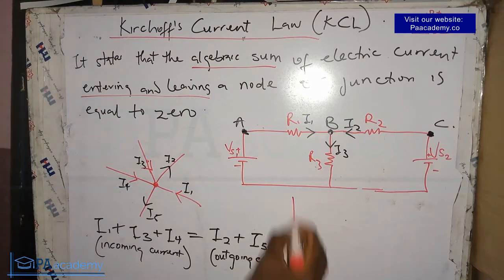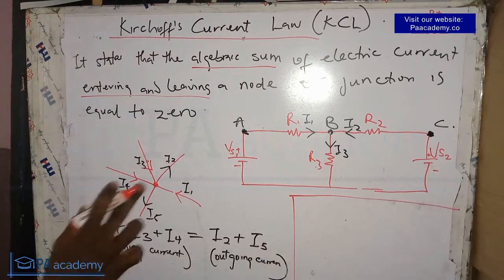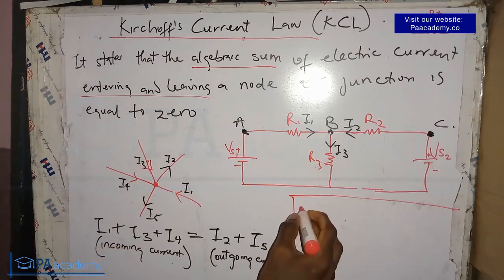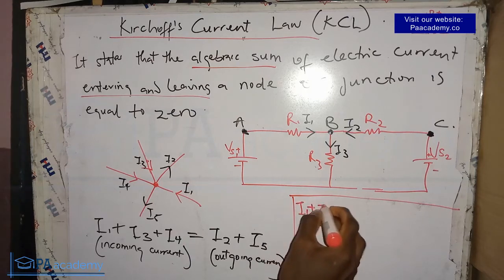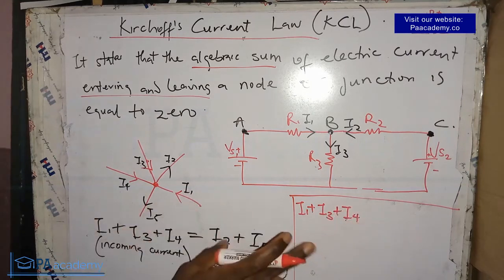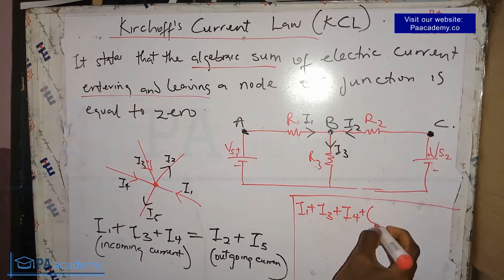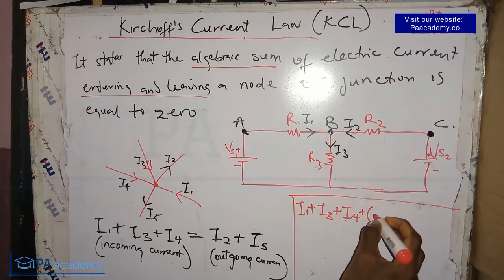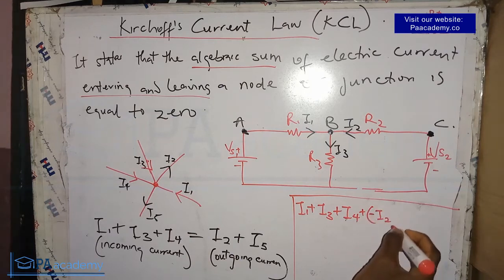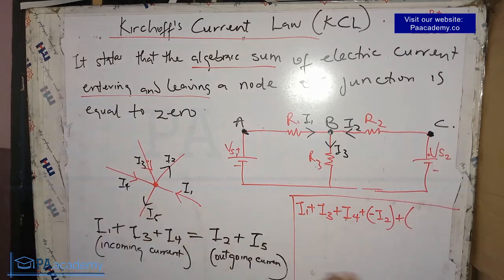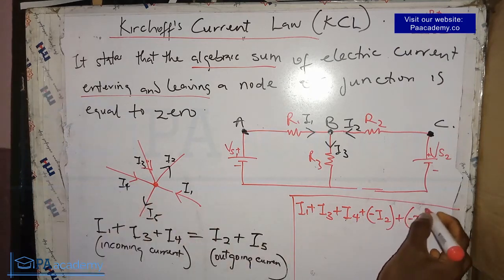You can equally represent it where all the incoming currents, remember, are always positive, so you have I1 plus I3 plus I4, while the outgoing currents are negative, so plus the outgoing, minus I2, then minus the other outgoing current I5, all equal to 0.